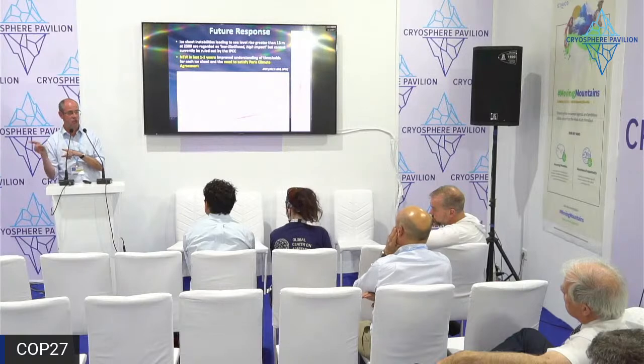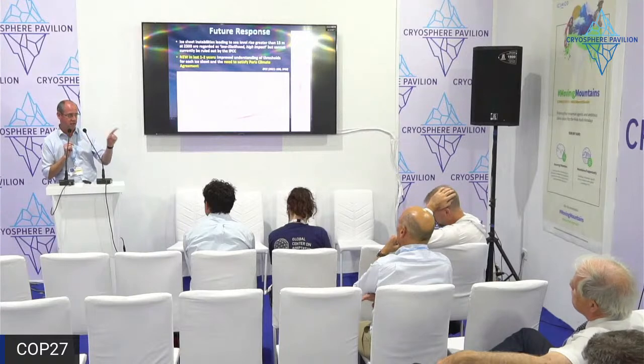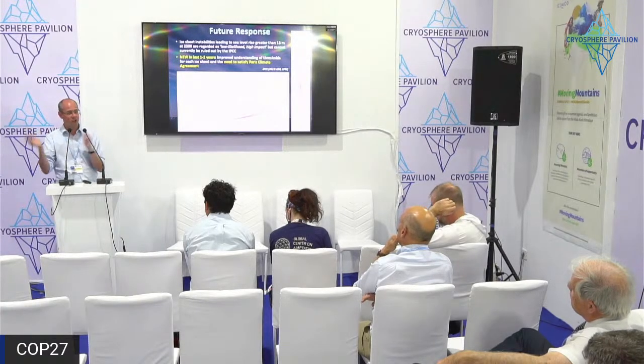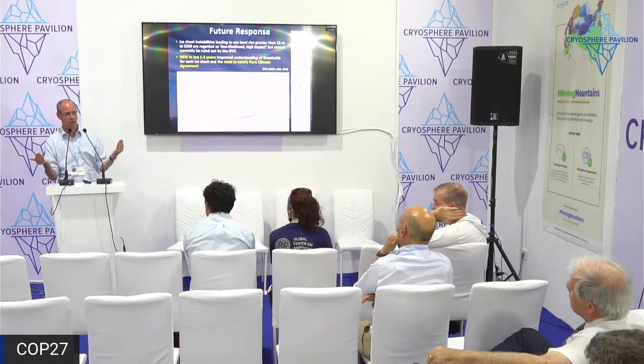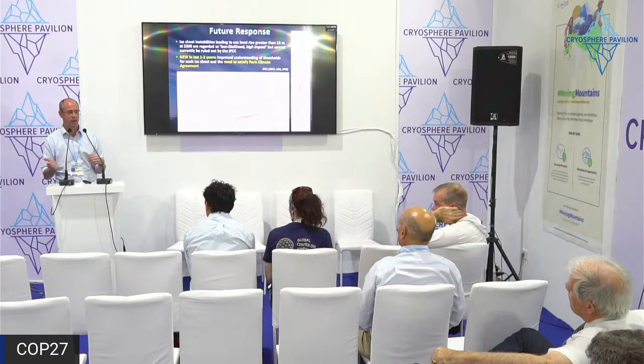They have some mitigation scenarios, and they show that there are some dangers with overshooting. You start to pass some of these thresholds, and then the hysteresis that Jason talked about takes over, and it's a lot harder to go back to where you were. We could pass a threshold in 50 years that could take 1,000, 2,000 years of cooling to go back to. That's the problem with ice sheets, I think.